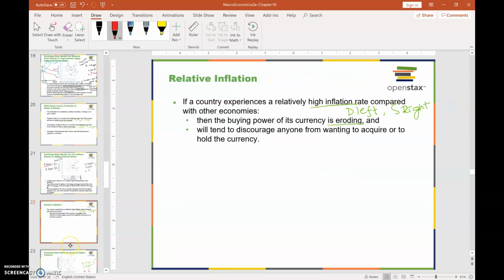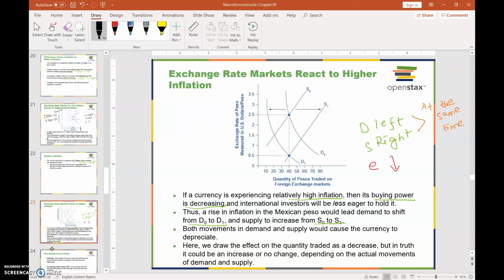Now let's look at the third reason why the demand curve will shift. If a country experiences relatively high inflation compared to other countries, the demand curve will shift to the left and the supply curve will shift to the right. In this example, I have the quantity of pesos on the horizontal axis, and on the vertical axis I have the exchange rate, which is dollars per peso.